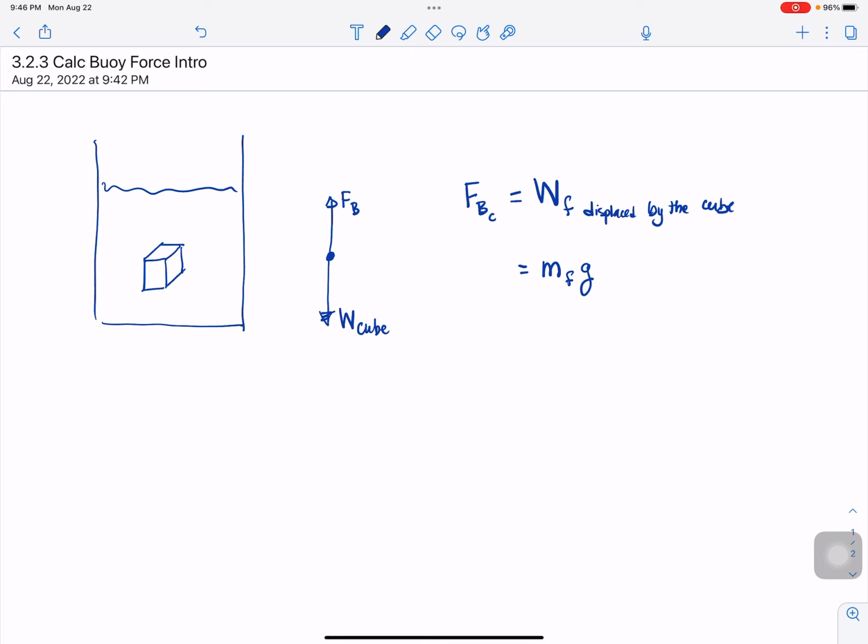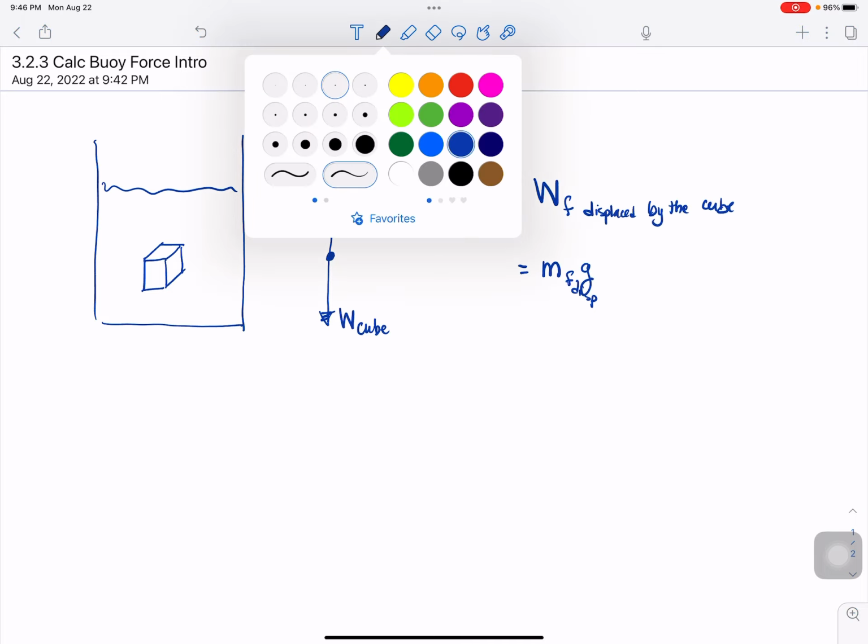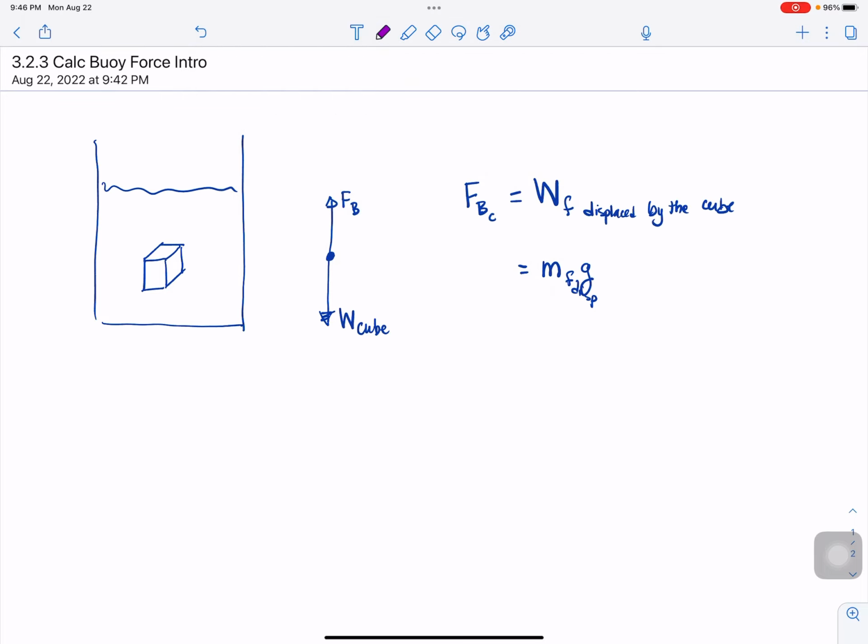And we want to figure out what is the mass of the fluid. And again, this is displaced. I should have written that down there. So the mass of the fluid displaced is how much is pushed aside by the object, and the amount that's pushed aside by the object is actually just the volume of the object. Okay. And then we need to figure out what is the mass of that.